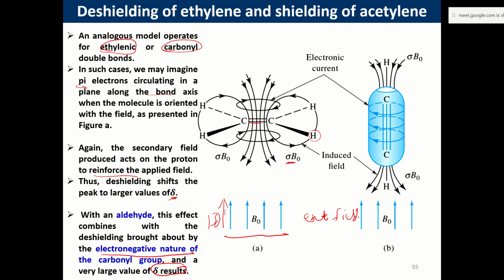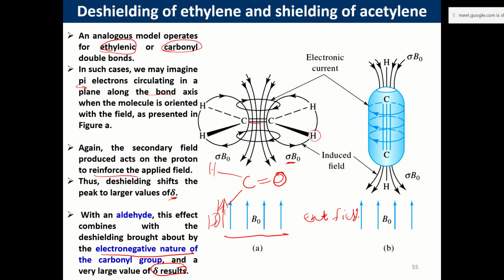Further, in the case of C double bond O, oxygen is more electronegative, so that also is a factor which can affect the hydrogen that is present.